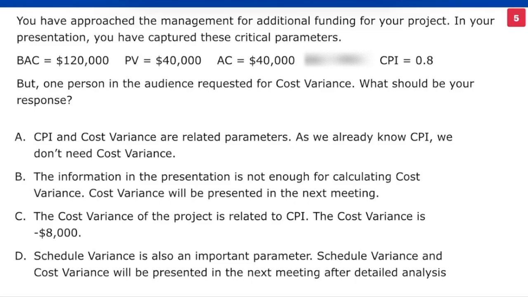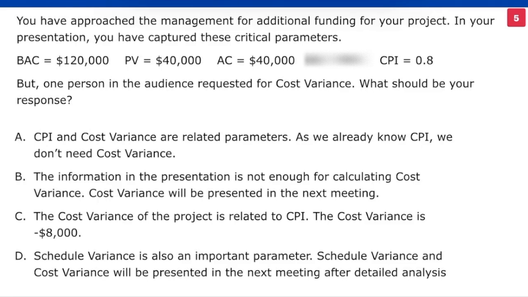A. CPI and cost variance are related parameters. As we already know CPI, we don't need cost variance. B. The information in the presentation is not enough for calculating cost variance. Cost variance will be presented in the next meeting. C. The cost variance of the project is related to CPI.